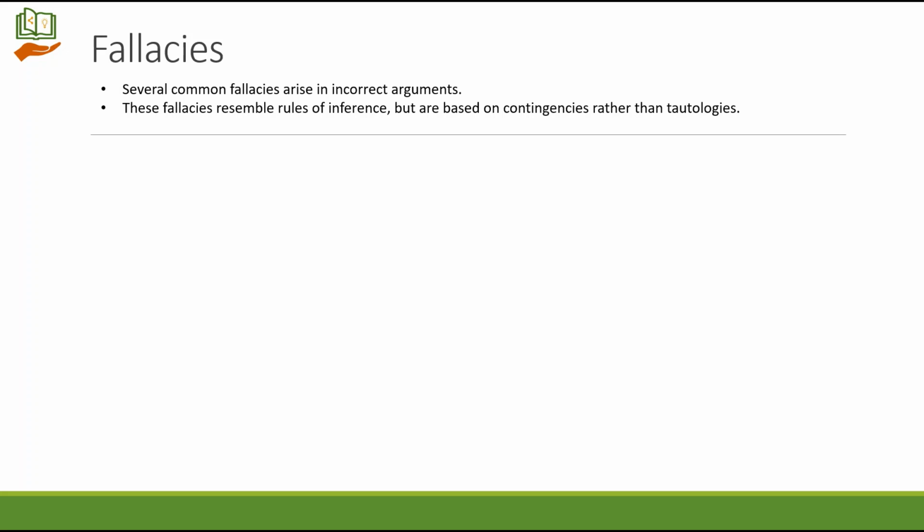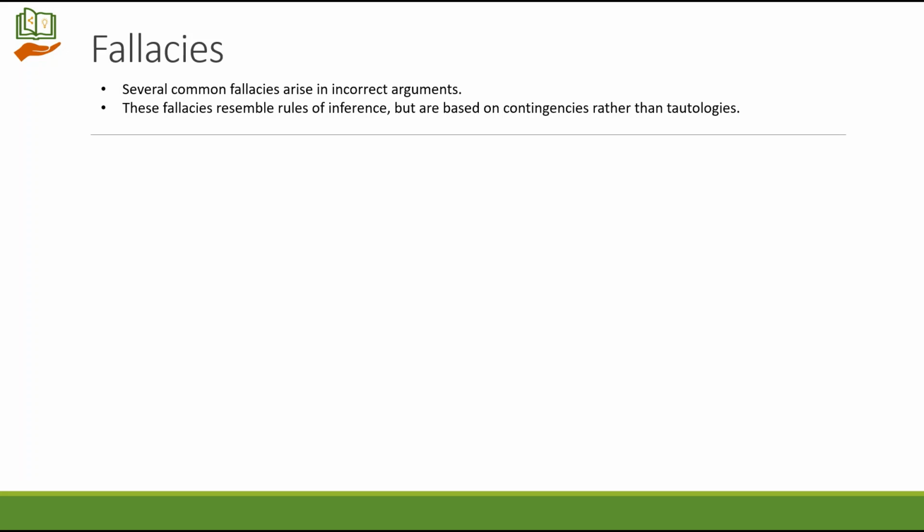Tautology is when you have true value everywhere. Contradiction is when you have false value everywhere. But contingency is when there is a row with true value and another row with false value. In fact, we will say at least one row will have true and one row will have false. But in tautology, you should have every row to be true. So these fallacies resemble the rules of inference.